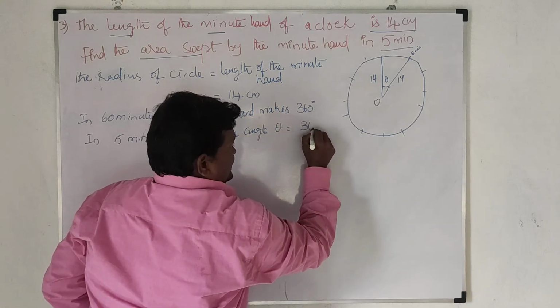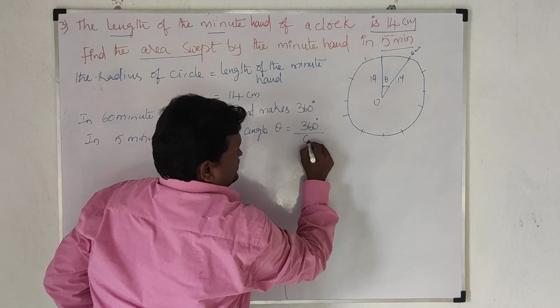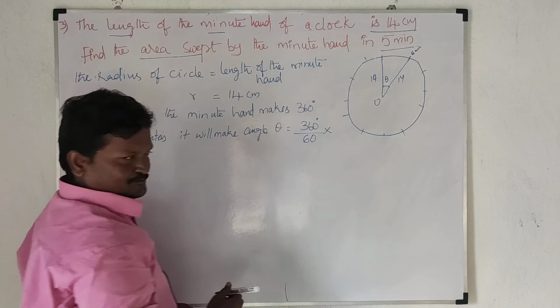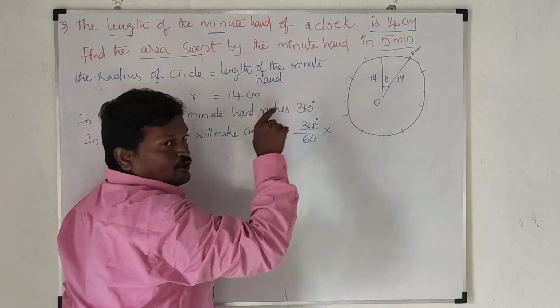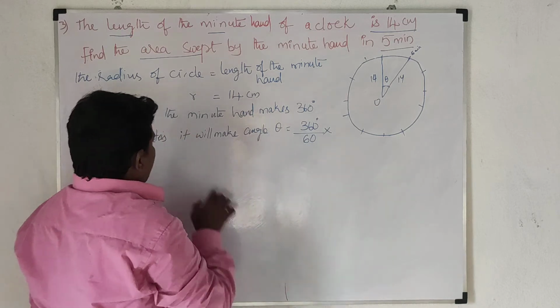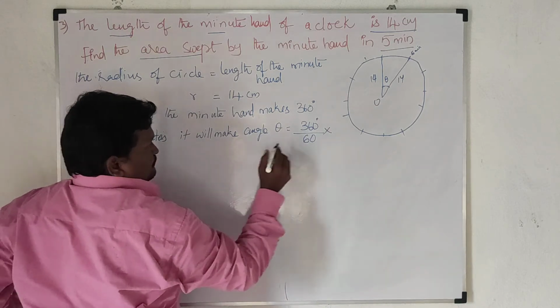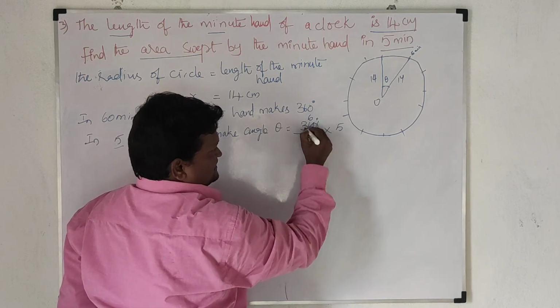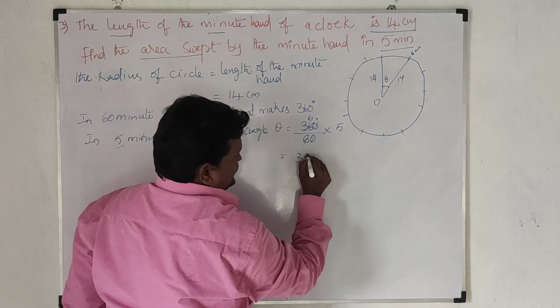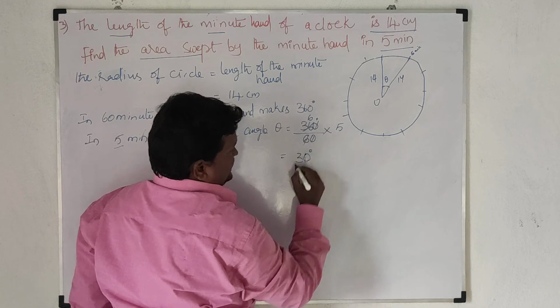From 360 degrees in one revolution, it will take 60 minutes. To cover the 360 degrees, how much time will it take? 60 minutes. For 5 minutes, we take this 5. So the zeros cancel, 6 1s are 6, 6 5s are 30 degrees.